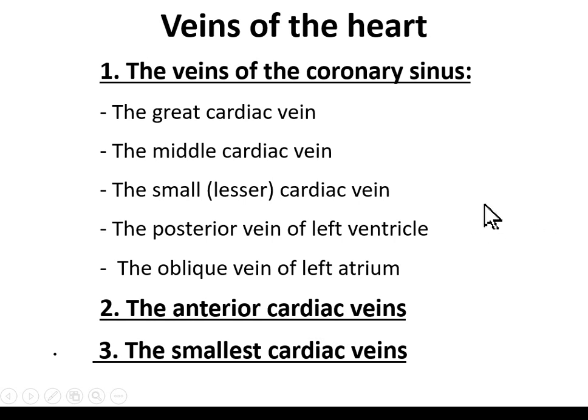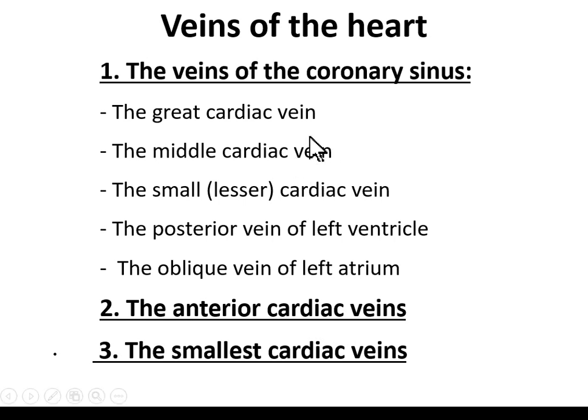Veins of the heart. There are three groups of veins. The first group is the veins of the coronary sinus. Into the coronary sinus flow the great cardiac vein, middle cardiac vein, small cardiac vein, posterior vein of the left ventricle, and oblique vein of the left atrium.